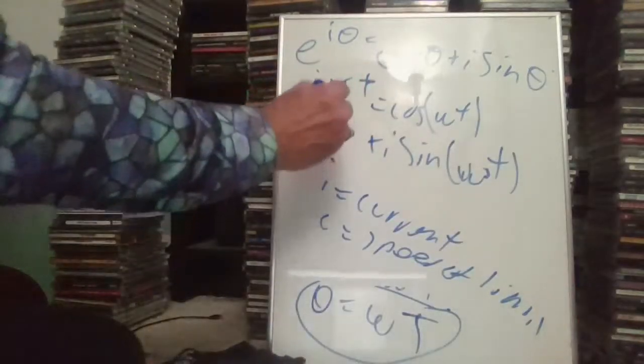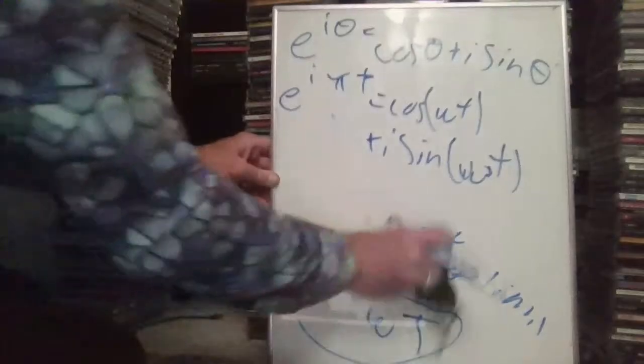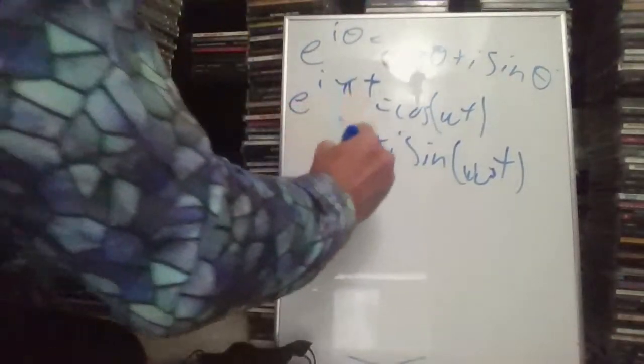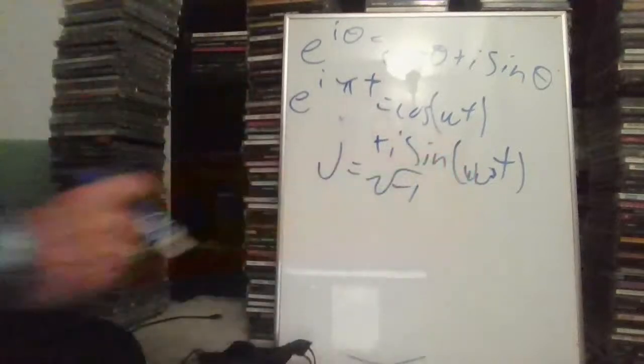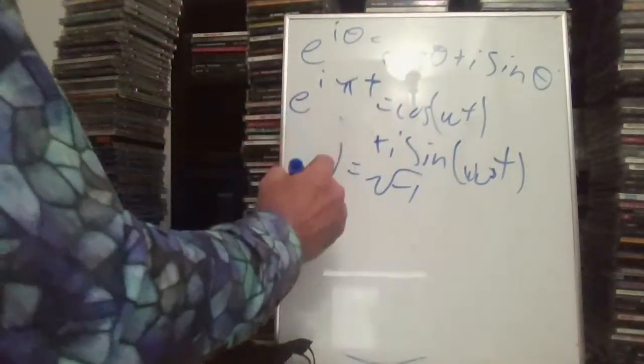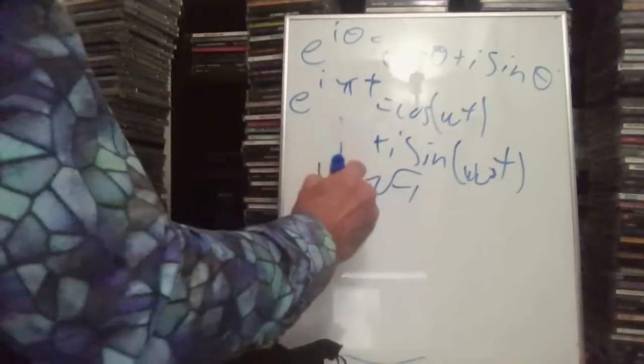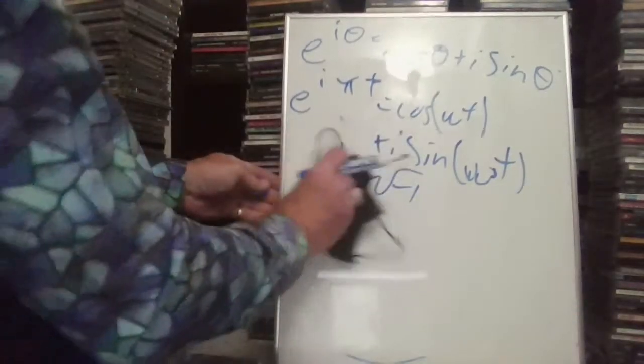We call it J. So since I is current, J equals square root of -1 in engineering. In math, we just go ahead and use I, but I'm an engineer. At least I was. So, start over.